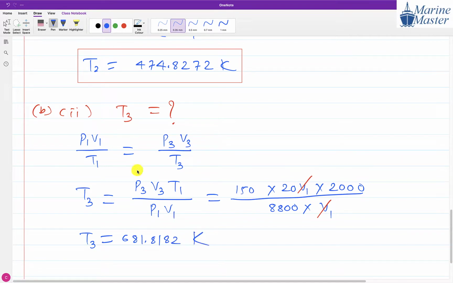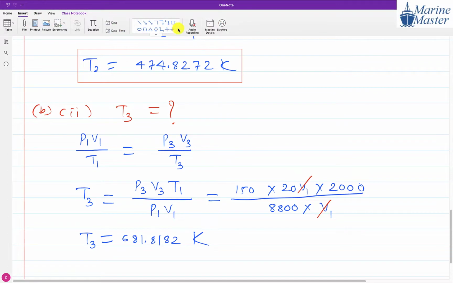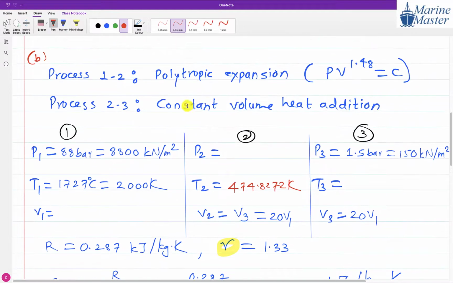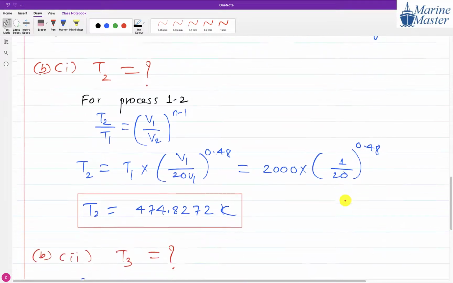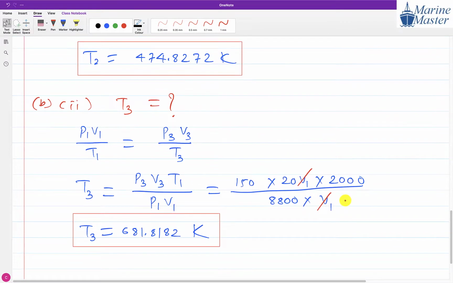In this way we got the final temperature. After getting this value, our next target is to write it down and put it in the table. Things will become very, very easy. Add 681.8182 Kelvin to the table. Now please write down this discussion about T3.